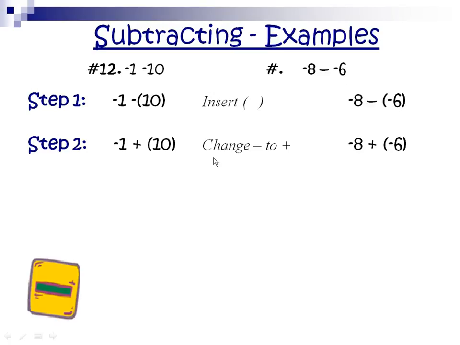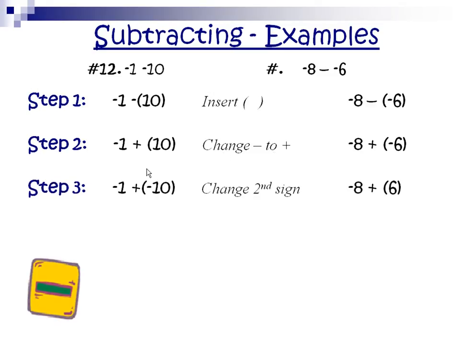Step 2 would be to change the minus sign to a plus sign. Step 3 would be to change that second sign to its opposite. So originally for number 12 we had a positive 10, but now we made it a negative 10. And originally on this one, which I forgot the number for, we had a negative 6 and now it becomes positive 6.